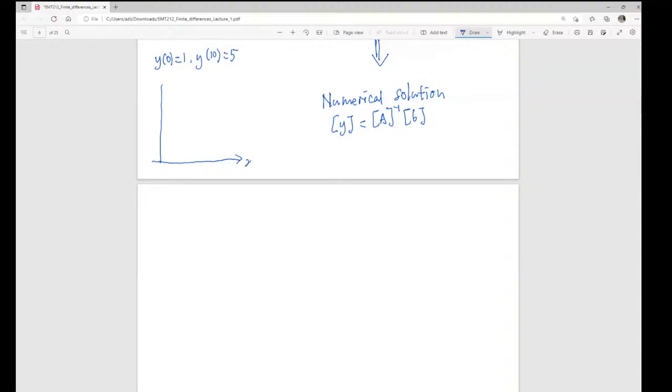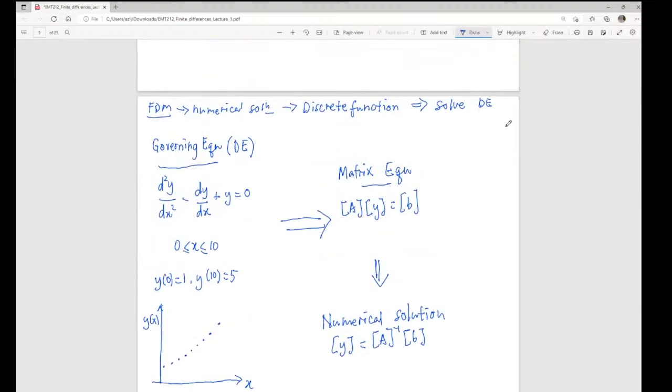Our solution is a discrete function. This is x, this is y. This is the function y(x). So the solution that we will obtain from the DE is actually a discrete thing. The DE formulation that we are going to learn is actually here, from differential equations into matrix equations.